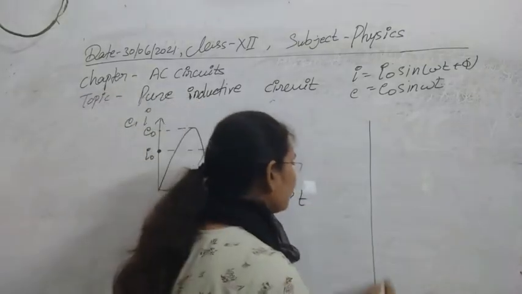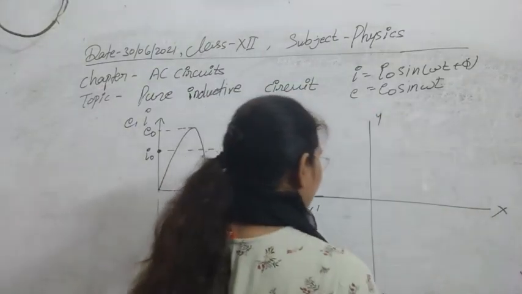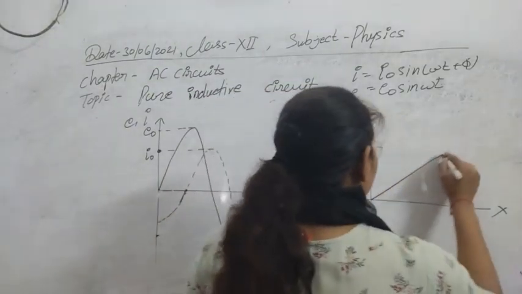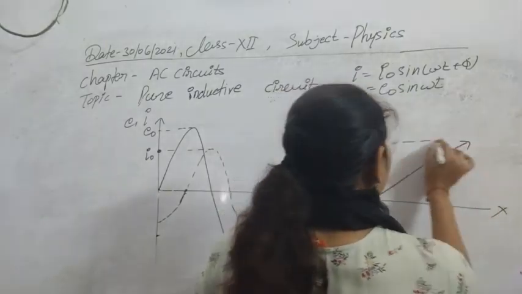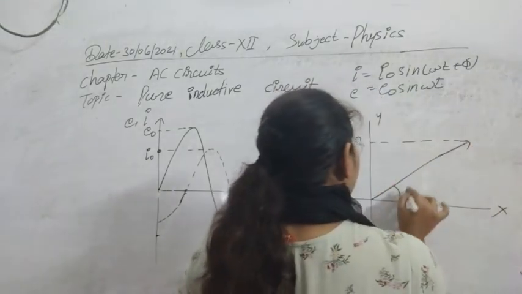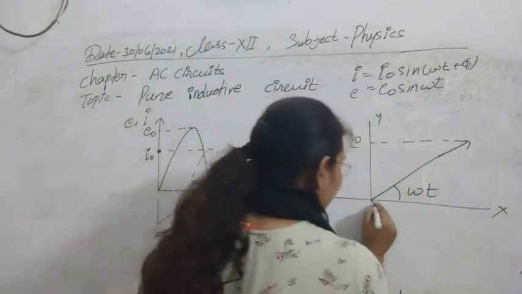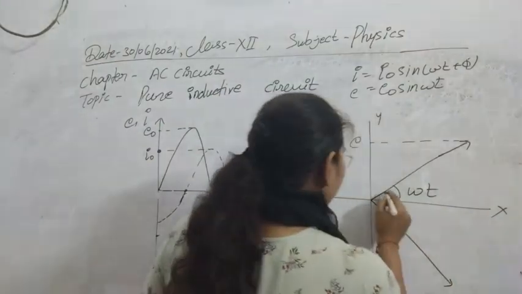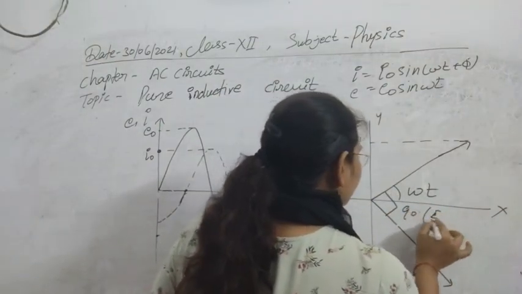Now we can also make the phasor diagram for this. According to the phasor diagram, this is the representation of the alternating voltage at some angle omega t, and the current lagging behind it we can draw like this, and this angle is 90 degrees or pi by 2.